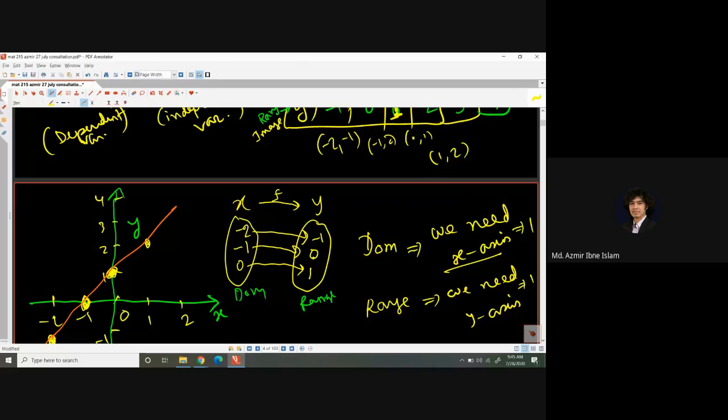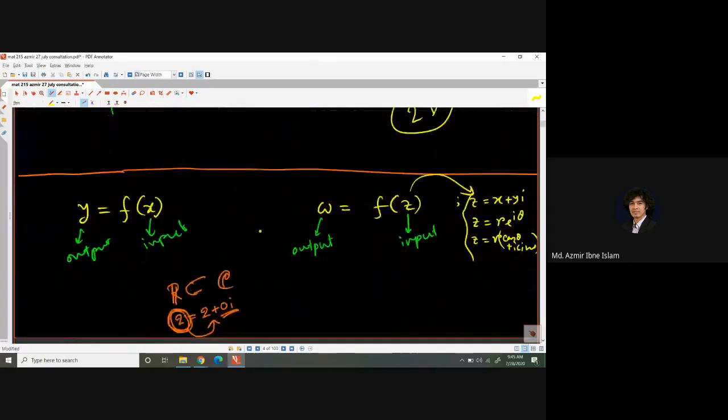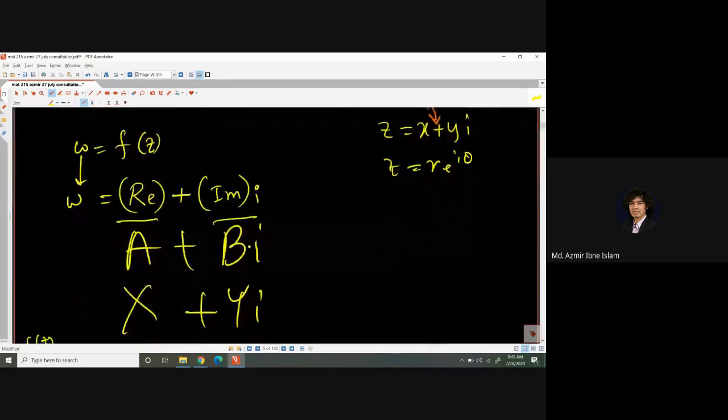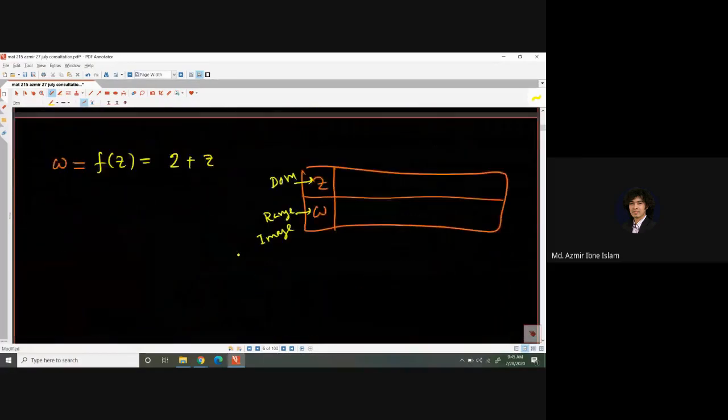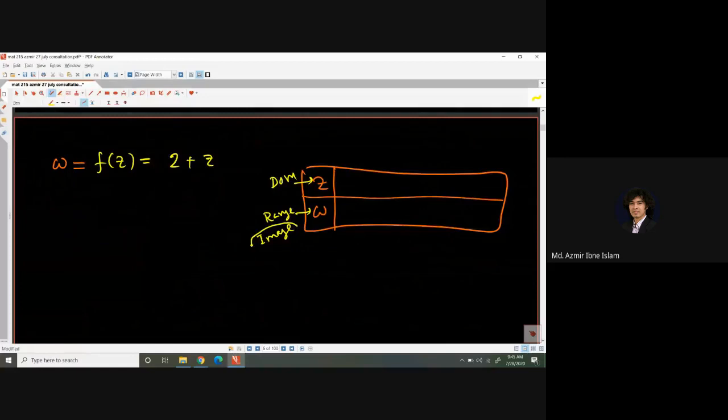-1 is mapping to 0. 0 is corresponding to 1. We are familiar with the words corresponding or mapping. Okay, but we can also say range can be thought to be image. So if so, then domain is the pre-image. Because sometimes the question pattern will be different, so you have to also know the alternative notations.